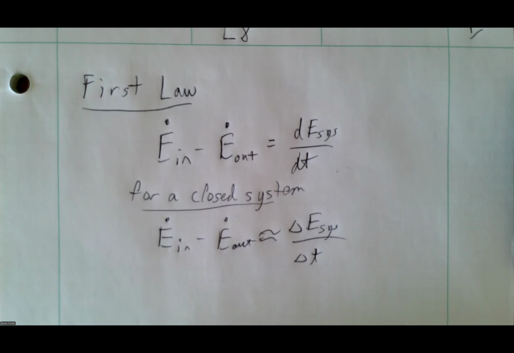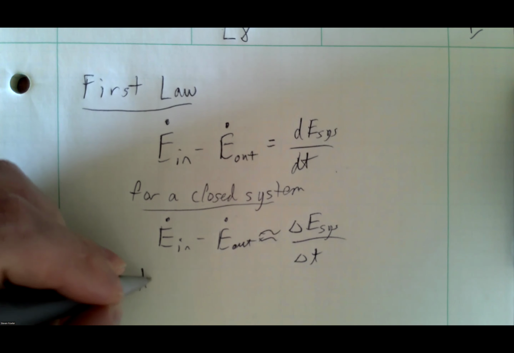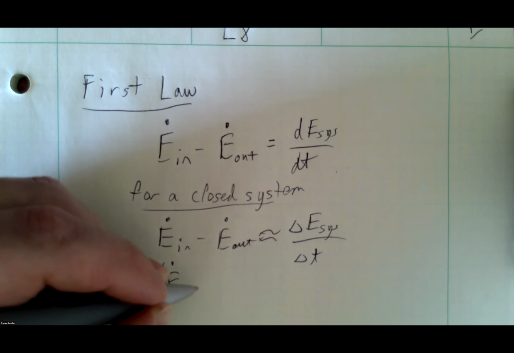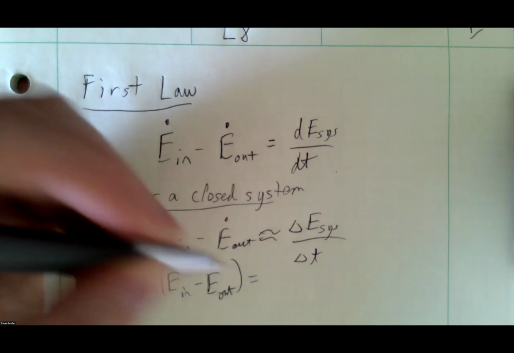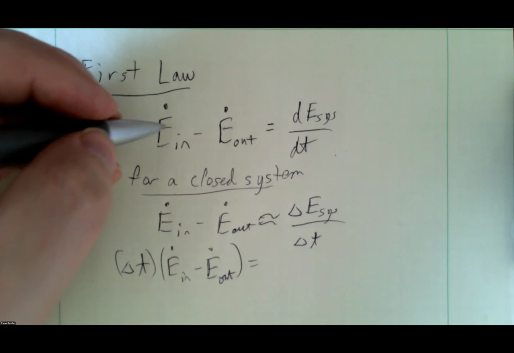So I've got a couple of rates. If I take these rates, E dot in minus E dot out, and multiply them by a period of time, I no longer have rates times time, I get total amounts.